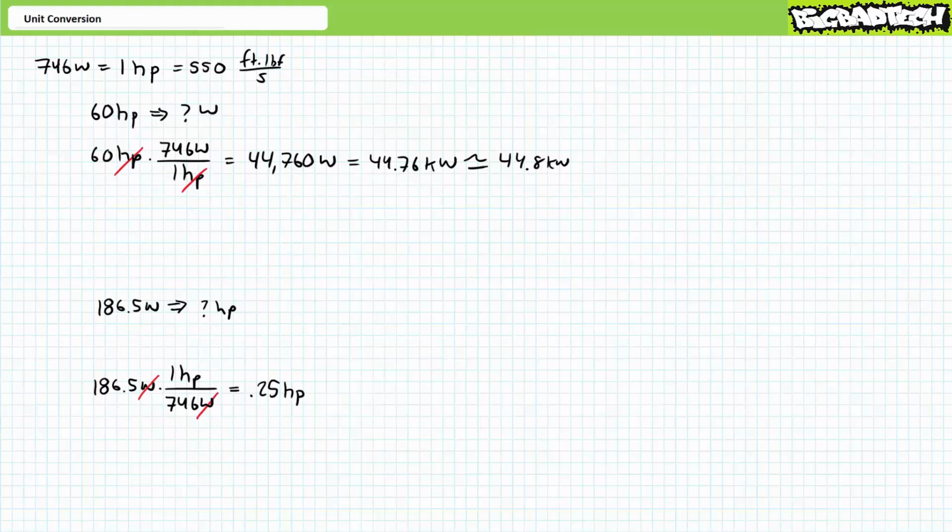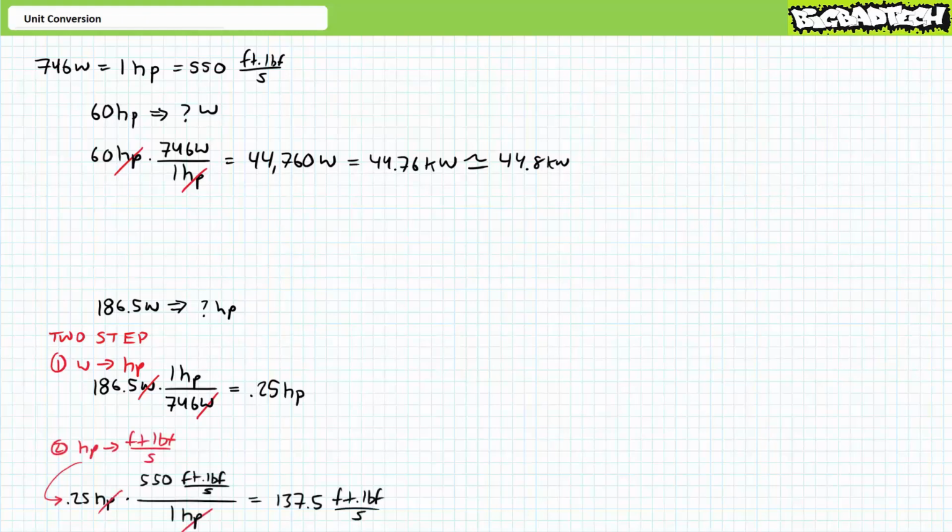We're presented with 2 options, both of which should yield the same result. Option 1, 2-step conversion. First step, convert watts to horsepower. As we previously demonstrated, 186.5 watts times 1 horsepower over 746 watts, units of watts cancel out, units of horsepower remain, yields 0.25 horsepower.